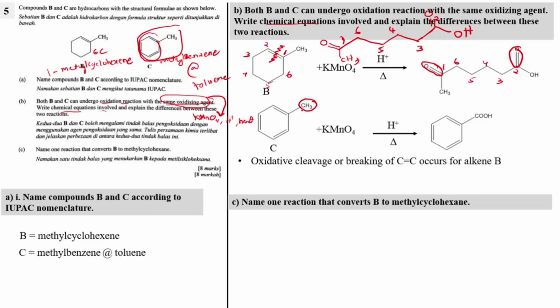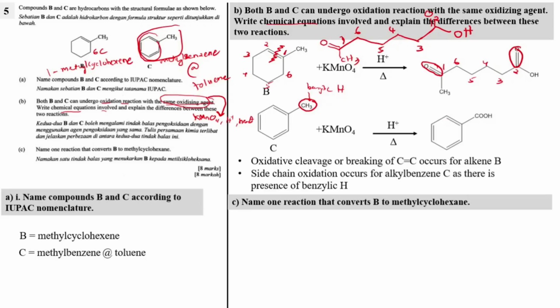So it doesn't matter how long the carbon chain is, as long as there is a benzylic hydrogen, it will be converted into benzoic acid. So side chain oxidation, which is happening at the side, occurs for alkylbenzene C as there is a presence of the benzylic hydrogen. So this one can be converted into benzoic acid.